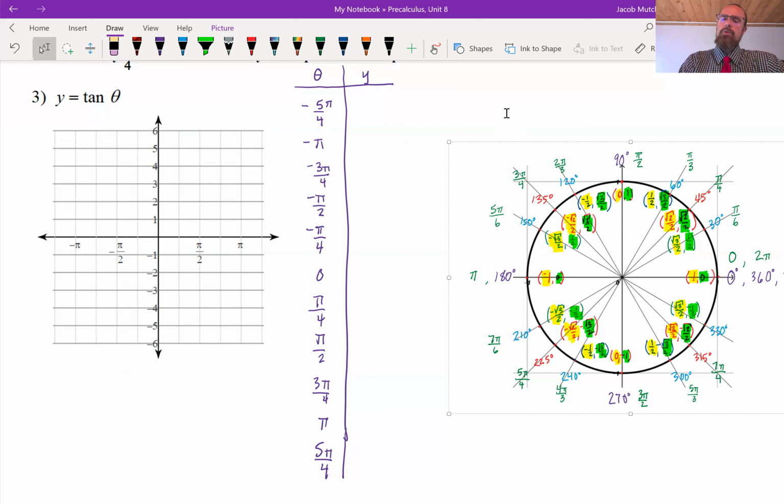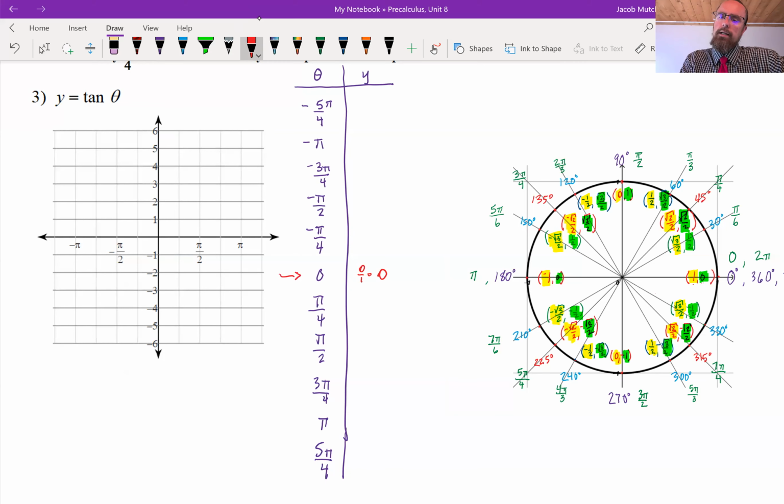So we'll pick up a couple of these, and then we need to see if we can identify a pattern. I'm going to start at 0. 0 is a good place always to start, because that is standard position on my unit circle. What I've got essentially is a y value of 0 and an x value of 1. So for tangent at 0, it's going to be 0 divided by 1, which is just 0. Okay, we'll go to pi over 4.